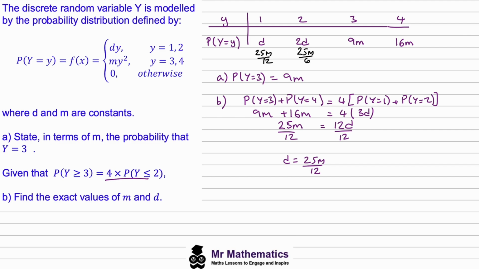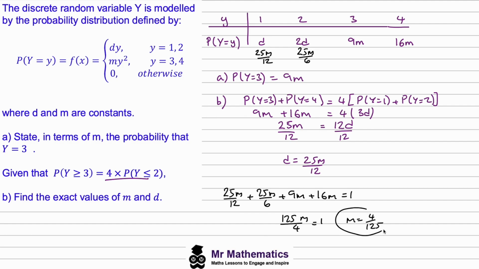And we know that all these probabilities add up to make 1. So we've got the 25m over 12 plus the 25m over 6 plus the 9m and the 16m all add to make 1. When you add these together, we get 125m over 4 to make the 1. So m will be 4 over 125.